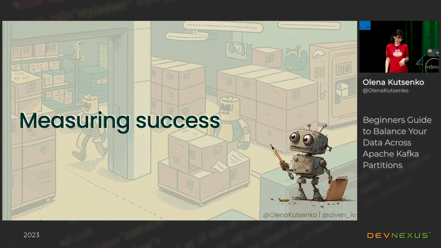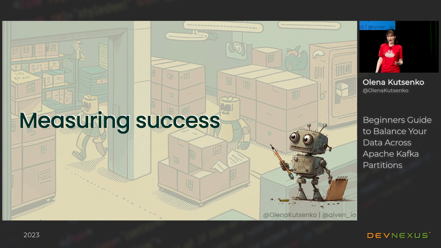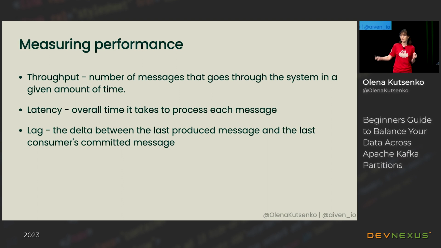When we are talking about architecture and performance, it's quite important to define the metrics we are using to measure our performance. In distributed systems especially, we often have to find trade-offs. You can't really have it all, so often we will have to look for having the maximum value, but still paying the least price in complexities and costs. Three different metrics we will be mentioning today during this talk are throughput, which is the amount of messages which goes through the system in a given amount of time.